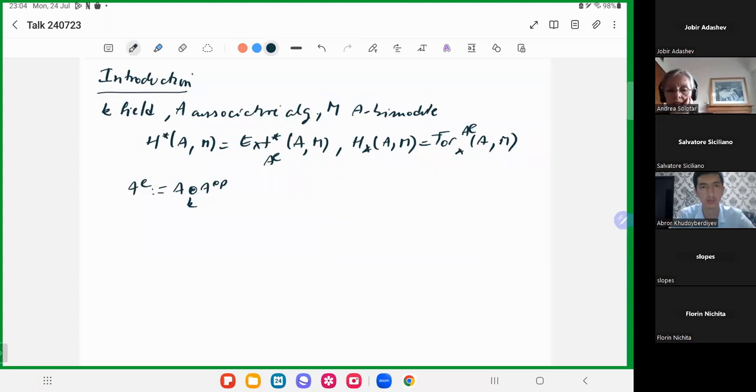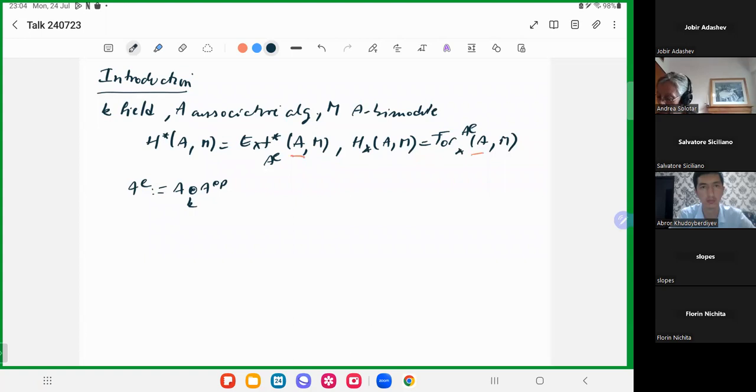This allows us, for example, to choose any projective resolution of A for computing both the homology and the cohomology without changing the result. Of course, this is the good thing about derived functors.